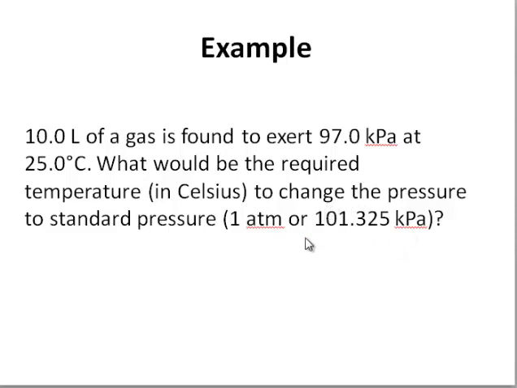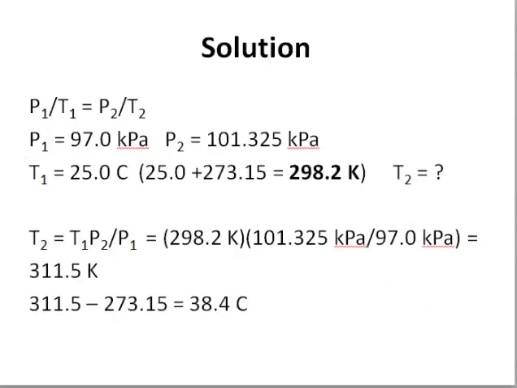This, by the way, is the relationship between pascals and atmospheres. We'll just use kilopascals as our pressure unit, and you'll see that any pressure unit is acceptable. So P1 is 97 kilopascals, and P2 is 101.325 kilopascals.